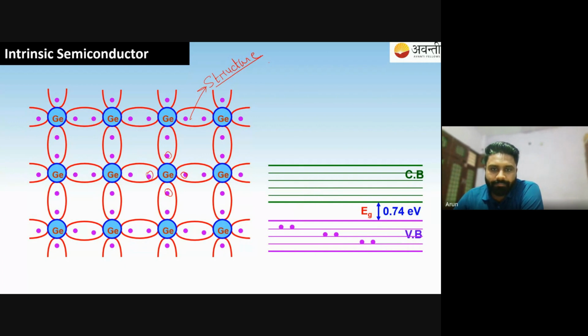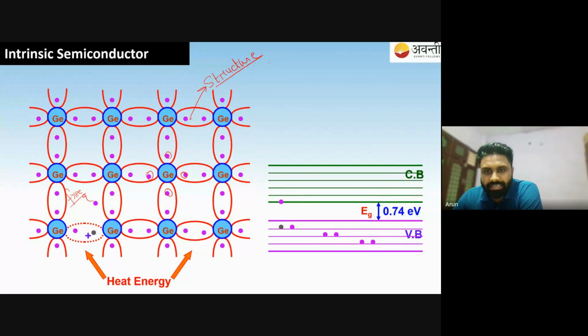So what will happen when we provide heat energy to them? Just look at the slides. We provide heat energy, and one electron breaks its bond because of the heat energy provided. This electron becomes free.